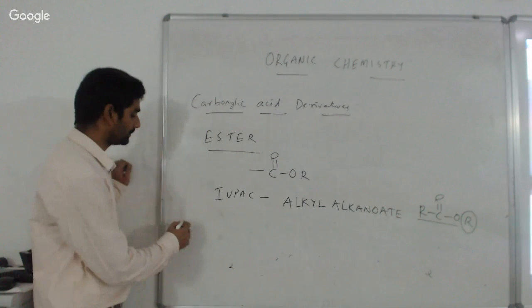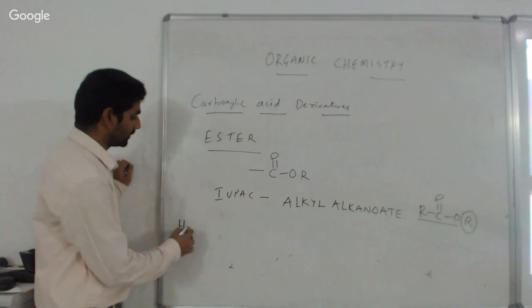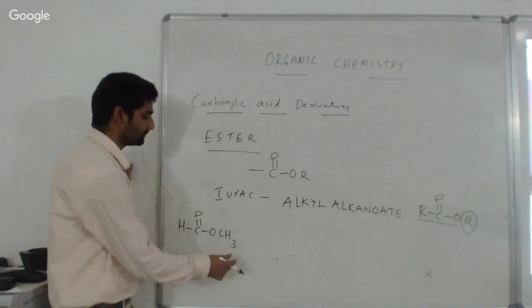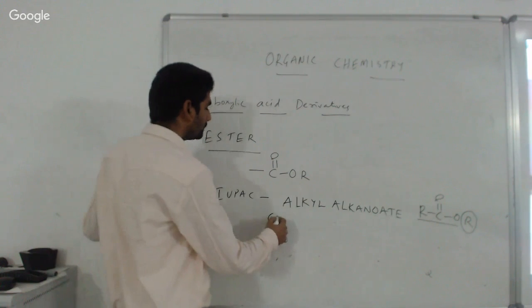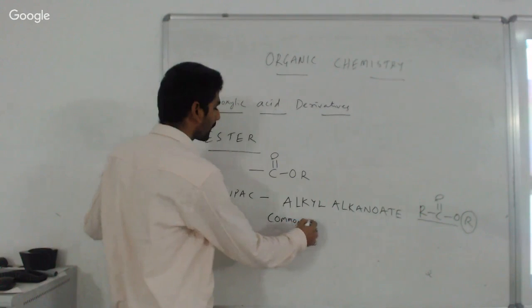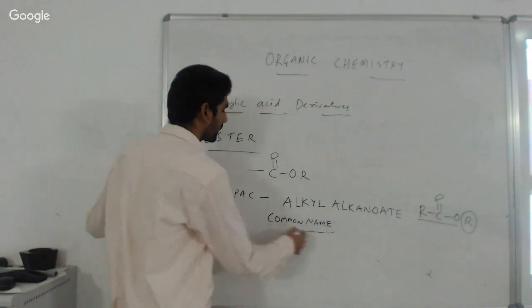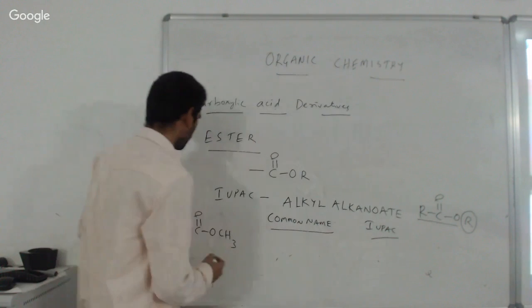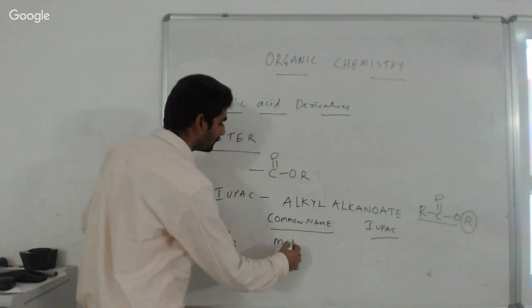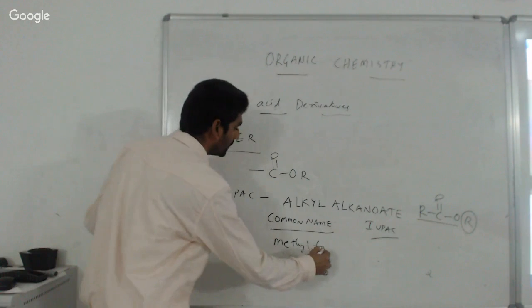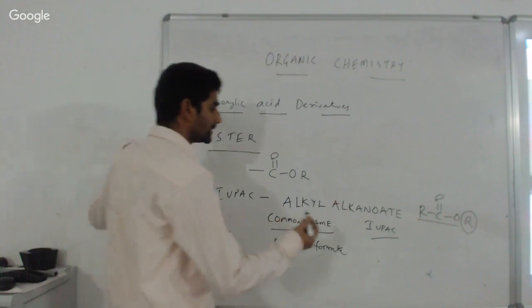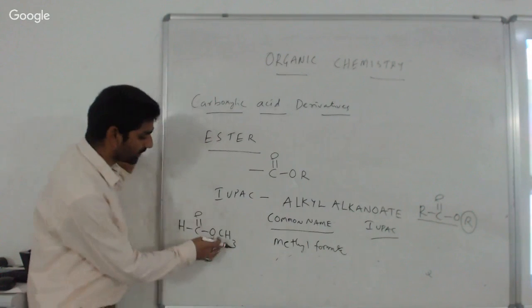Take examples. HC double bond O OCH3. The common name is methyl formate. The IUPAC name is alkyl alkanoate.